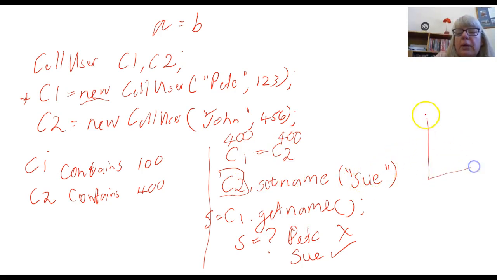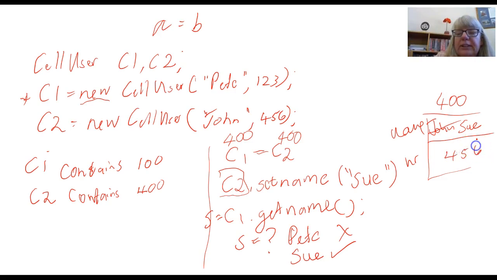So in memory, at position 400, there's a name and a number. And we had the name John there, and we replaced it with Sue. We had the number 456 there.